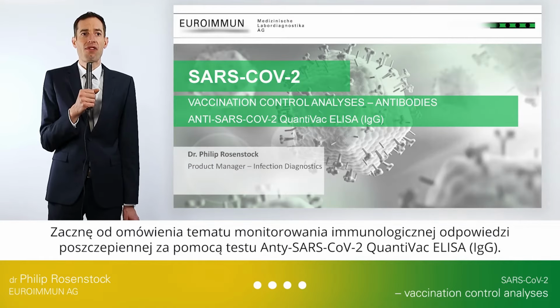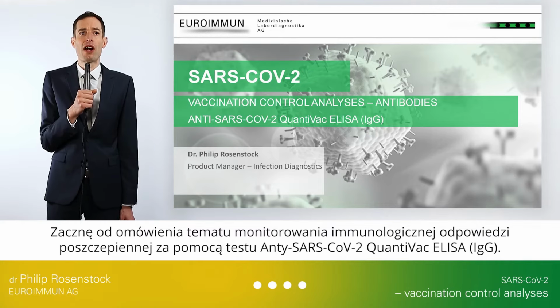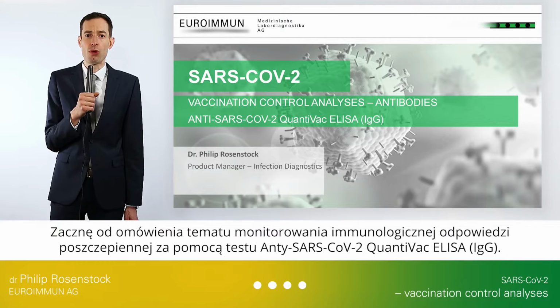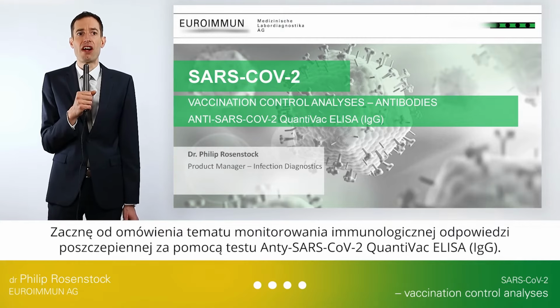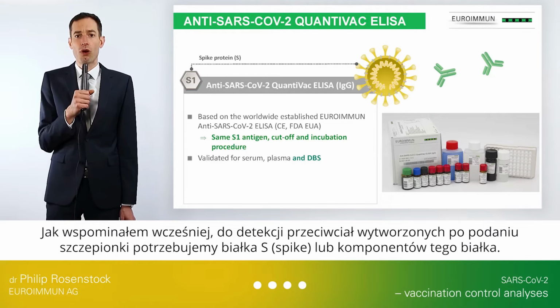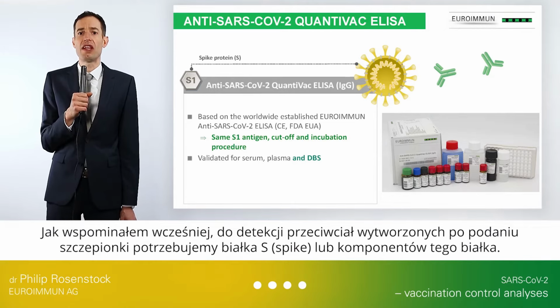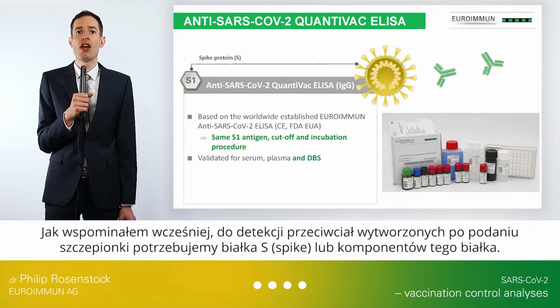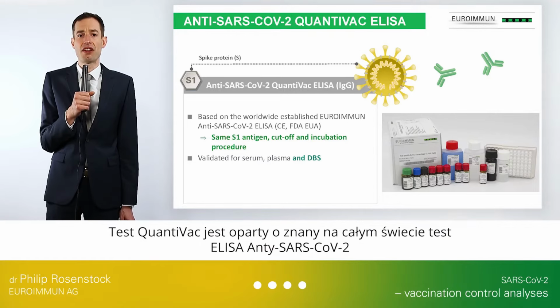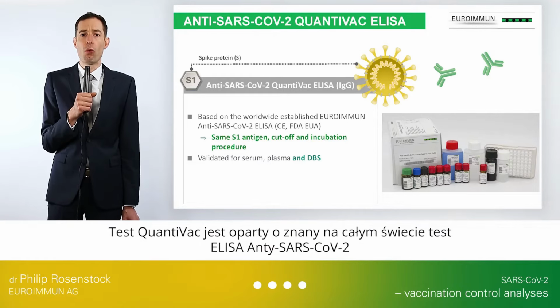As mentioned before, I'm going to start with vaccination control analysis with a regular immunoassay, which is now the SARS-CoV-2 Quant-T-Cell ELISA. We need to offer the spike protein or subcomponents of the spike protein in order to detect antibodies after vaccination. This new Quant-T-Cell ELISA is based on the well-known S1-based EUROIMMUN ELISA.